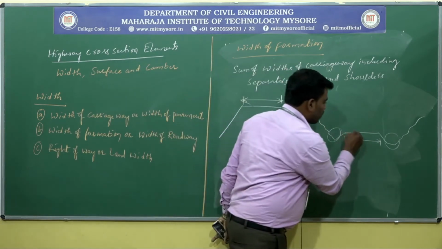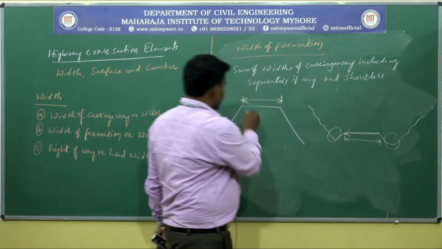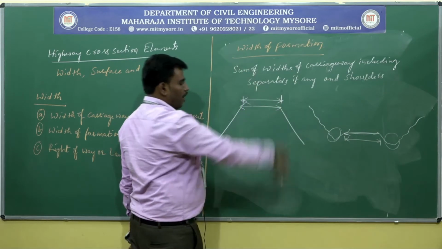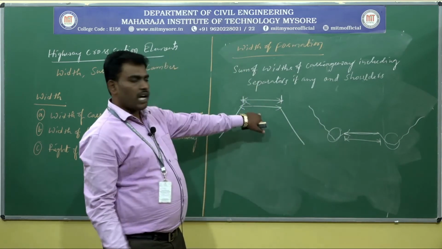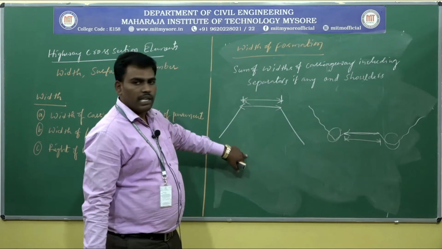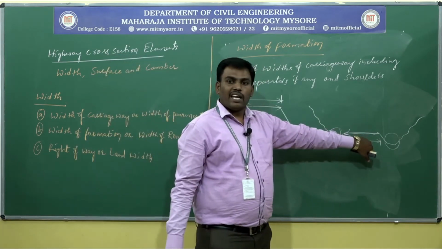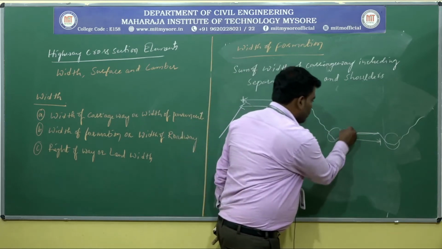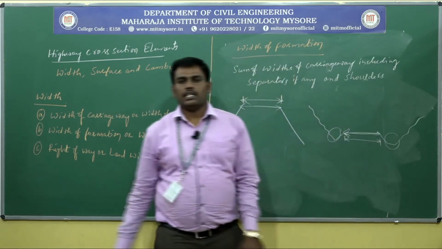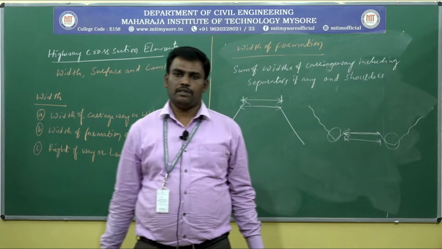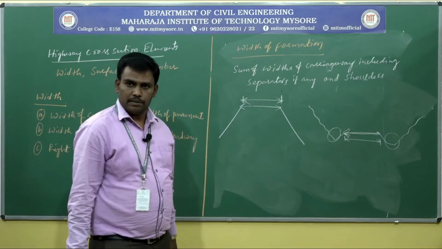This is the bottom width of the highway cutting and this is the top width of the highway embankment. The top width of the highway embankment is the width of formation in case of highway on embankment, and in case of highway on cutting, the bottom width of the cutting is the width of formation.